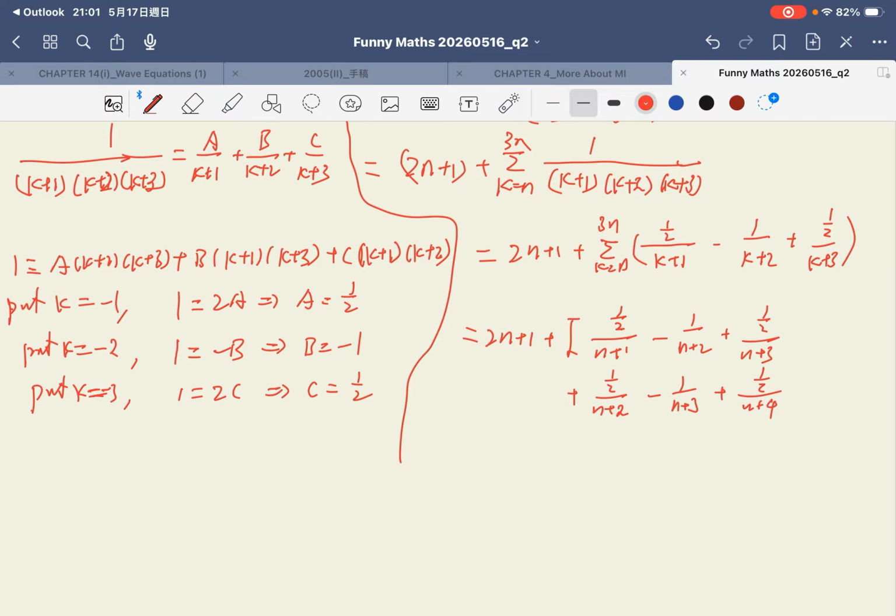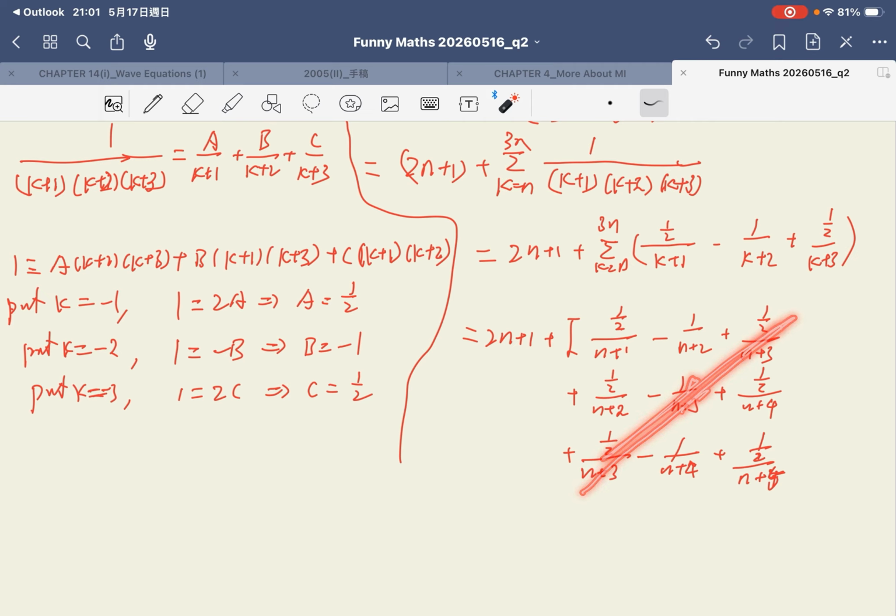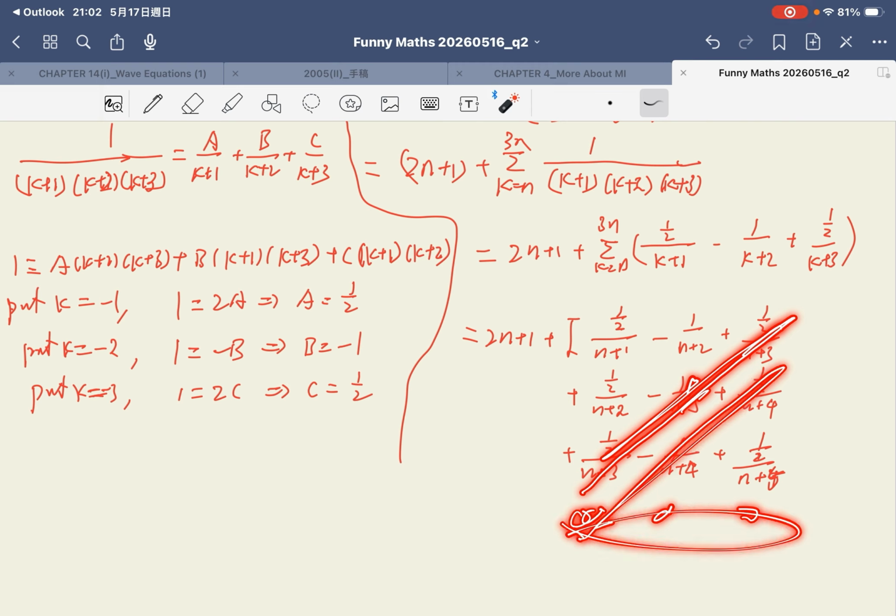We try to see whether there is a pattern. Finally, I got the pattern: these three cancel, and the next three terms cancel as well.